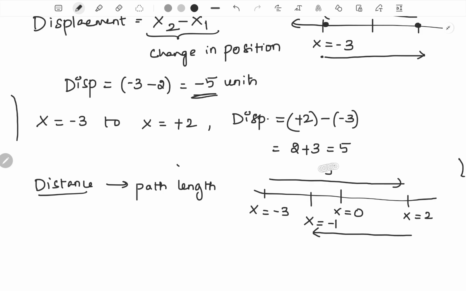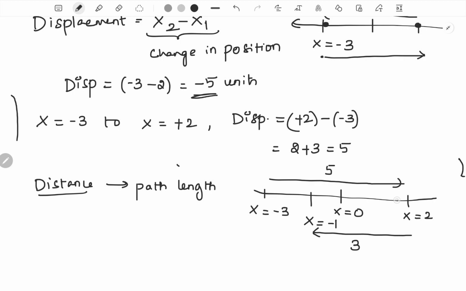That is in the right direction, but when we are defining the distance, the direction of the motion doesn't actually matter to us. What matters to us is the length of the path that has been covered by the particle. And then when it goes from x = 2 to x = -1, it covers a total of 3 units.